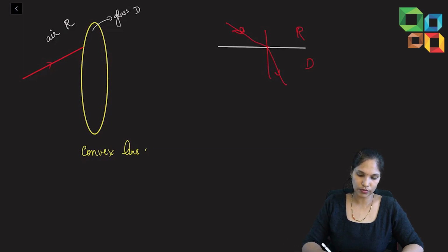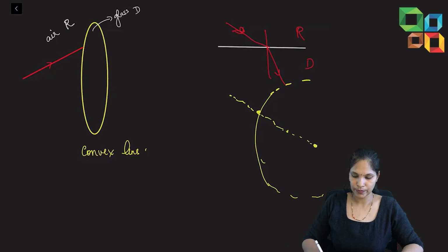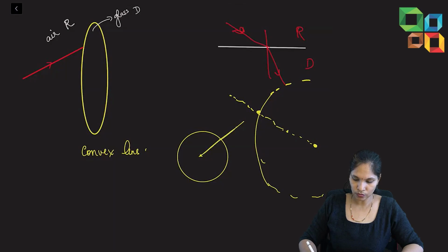So here also it's going from rarer to denser, so it should bend towards the normal. Now where is the normal for this surface? The surface is like this. At this point we want the normal. Normal is perpendicular to this. It will come like this. Actually this is a part of a circle if you see. So this normal is actually a line which comes from the center of that circle. You take a circle, this is the center of the circle, you draw a line like this, then this line will be perpendicular to this surface.